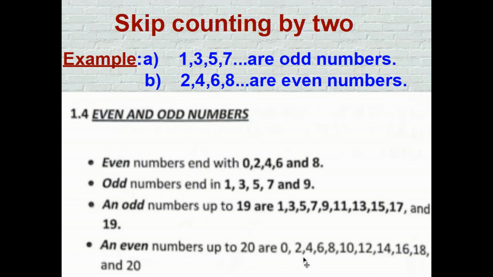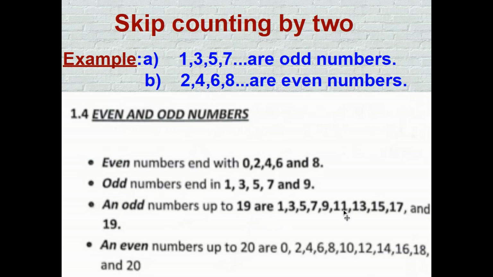They also end with these digits. 10, its ending number is 0. 12, its ending number is 2. 14 is 4. 16 is 6. 18 is 8. 20 is 0.